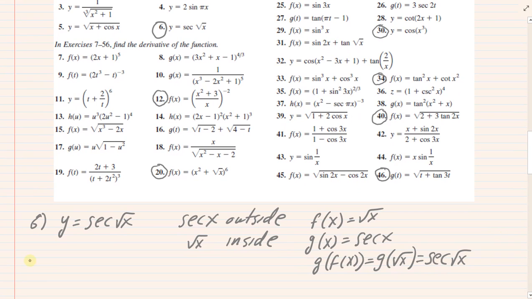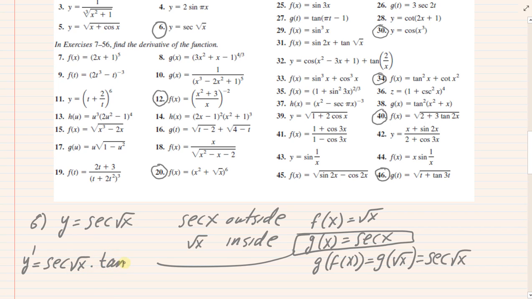Now let's take the derivative. So by chain rule, first we do the derivative of the outside. So that's the derivative of just secant. Okay, derivative of secant x is going to be secant tangent. But remember, the argument of secant is f of x. So secant of f of x times tangent of f of x. And we've done the derivative of the outside.